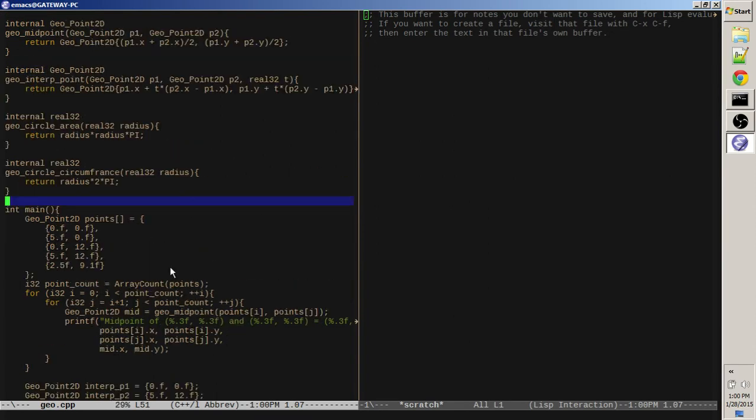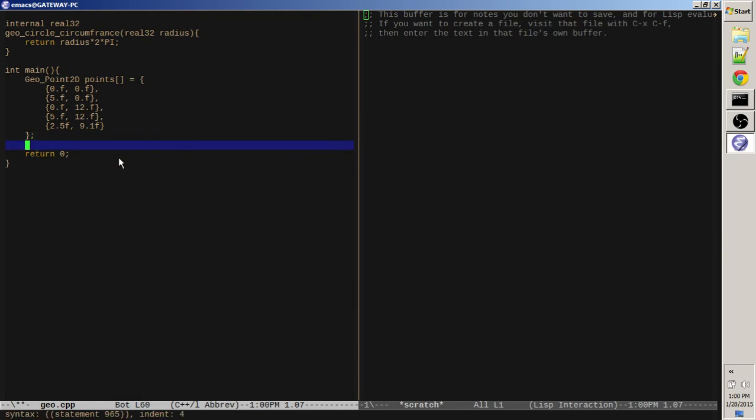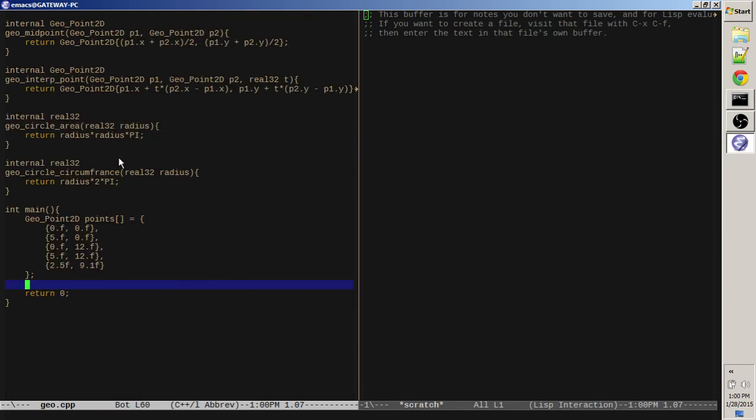Now, let me set up some quick test for this. I'll keep all that. We'll do a loop from i equaling 1 to about, let's do, I don't want to do 0 because I'm going to use this to create the radius.